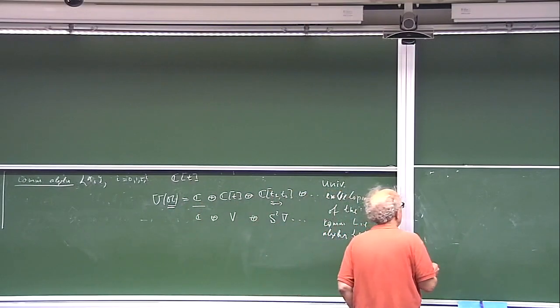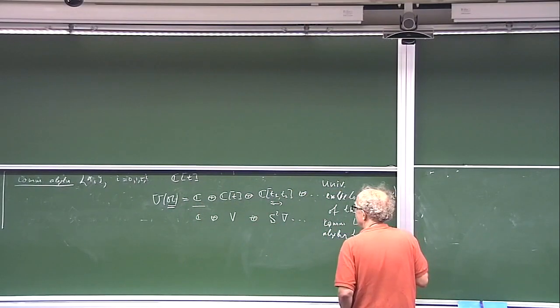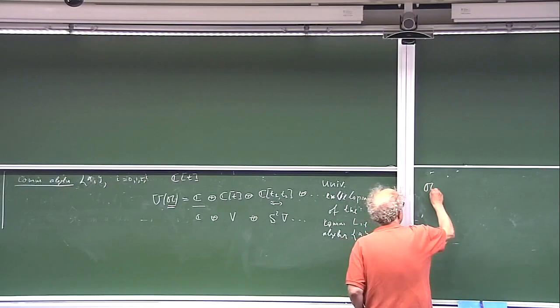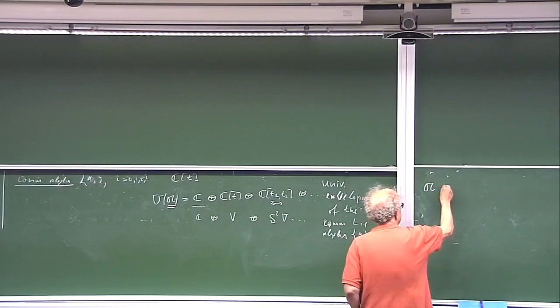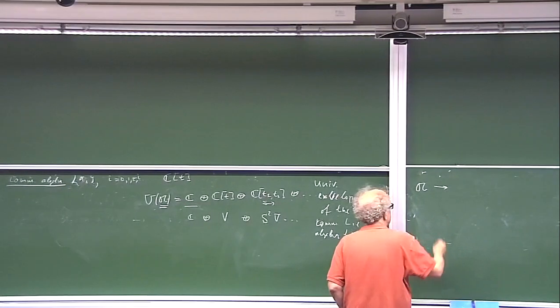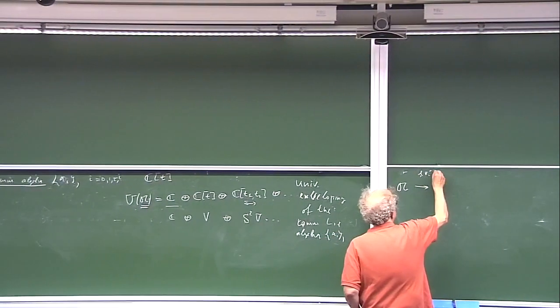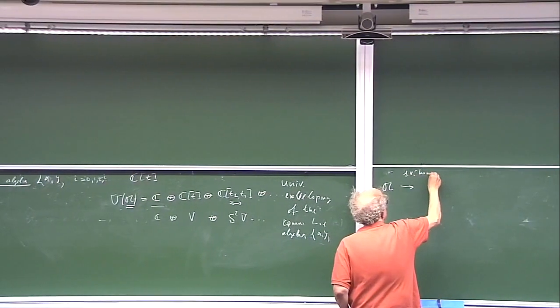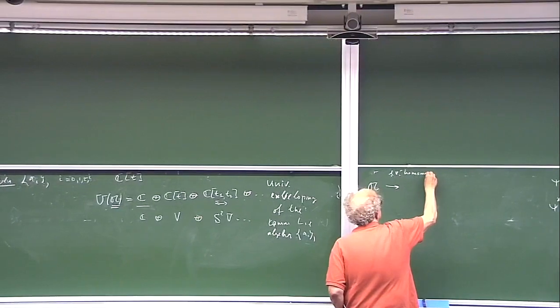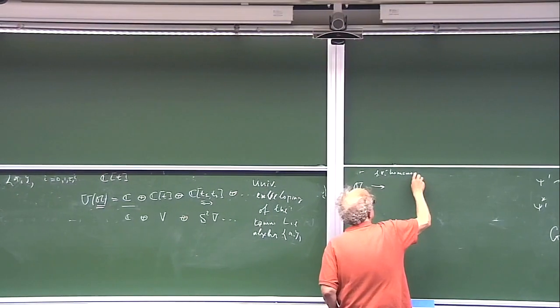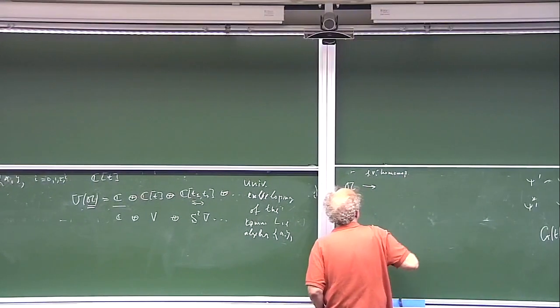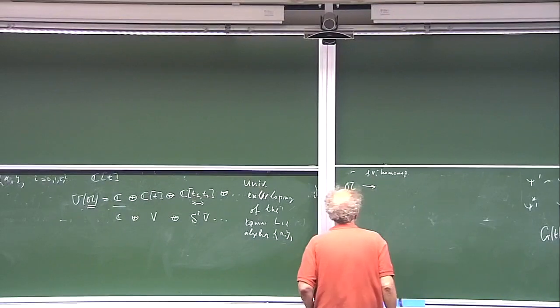Now such a Lie algebra A has a so-called evaluation homomorphism to a one-dimensional Lie algebra.